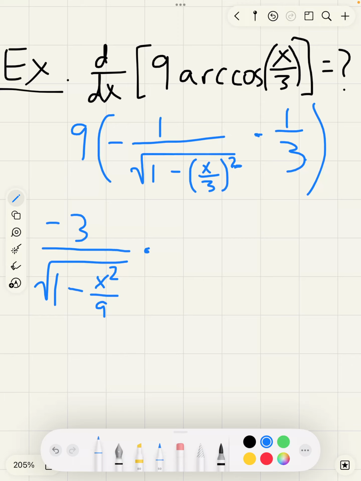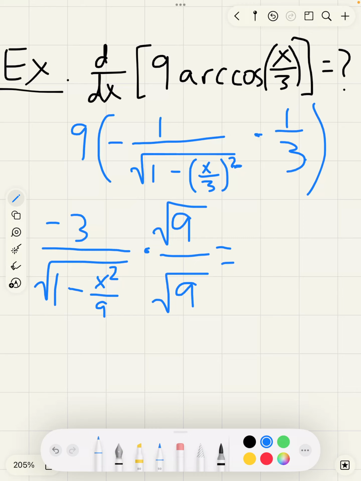But here's the thing, it's under a square root, so I have to multiply by 9 to clear the fraction. But that 9 needs to be under a square root as well, otherwise that's not what's going to multiply x squared over 9. And remember, you cannot multiply just on one side of a fraction, because you're only technically allowed to multiply by 1. So I have to multiply both the top and the bottom by the square root of 9.